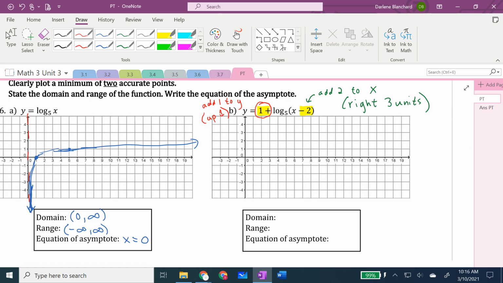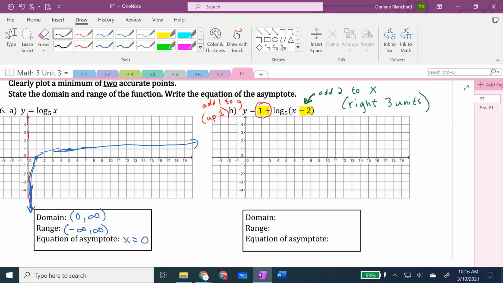What I'm hoping to create for you is a bigger picture: when it happens inside the function to the x, the opposite operation is what you need to use on the x coordinates to see what that did to the parent graph. If the operation is outside the function, then you do that exact operation to the y coordinates of the graph, and that will tell you how that particular arithmetic affected the parent graph.